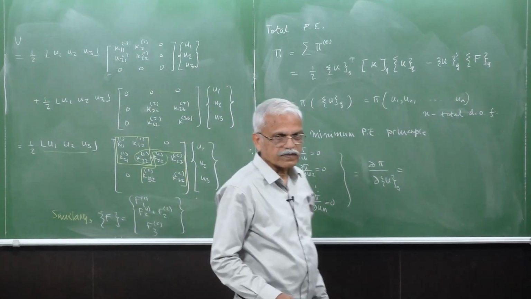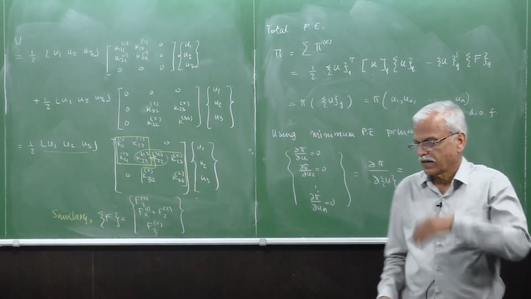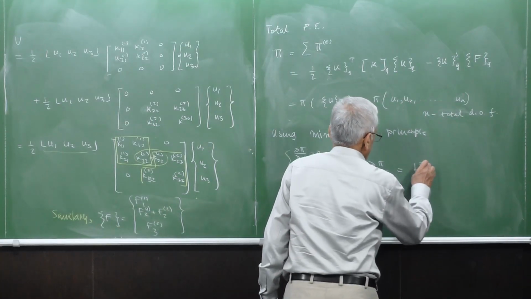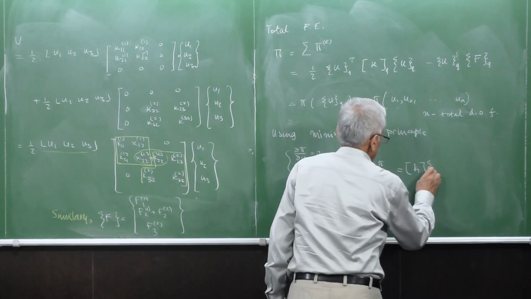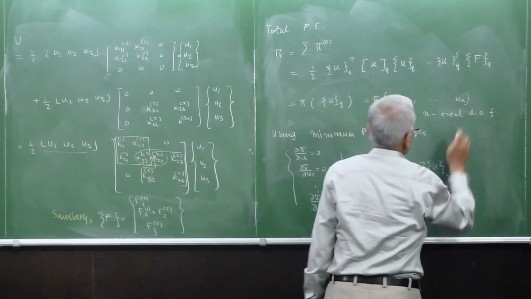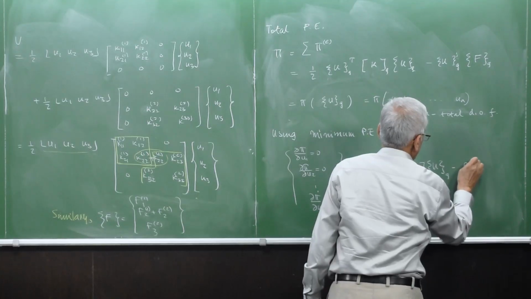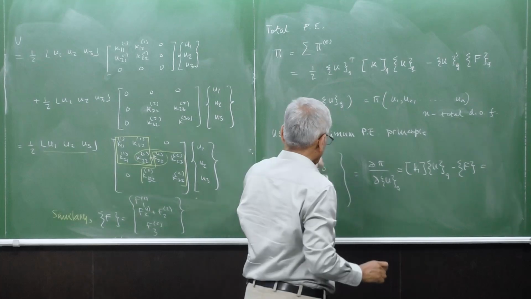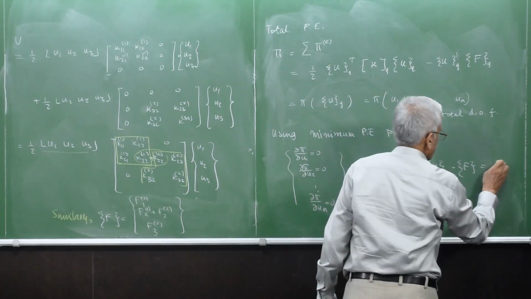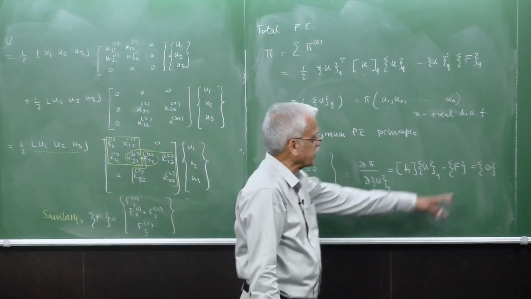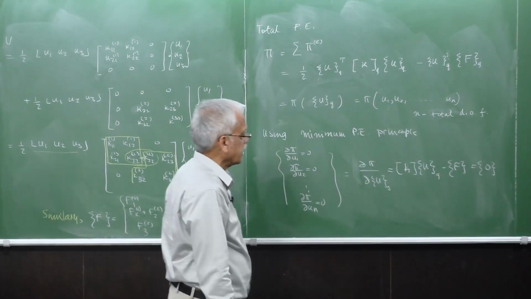This is a quadratic function, half Ug transpose times K times Ug. If you differentiate it, you will get a linear function, so u will appear only once. And here you have F only, and this will be equal to as many zeros as there are degrees of freedom.